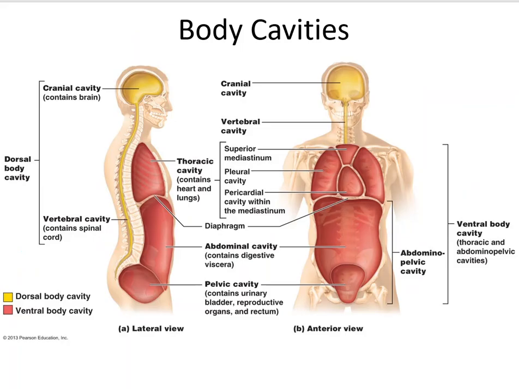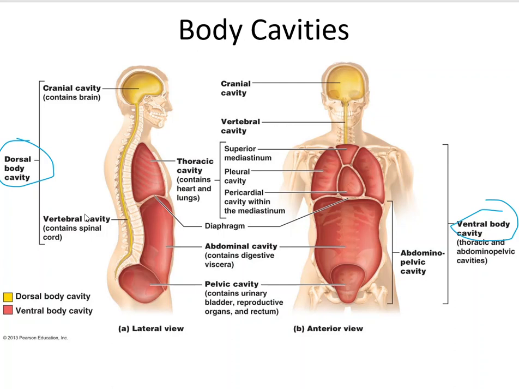Body cavities. Now we get to the body cavities. So on the body cavities, let's talk about these. We got two main ones, the dorsal and the ventral. The dorsal, we know that means back. The dorsal is going to be the cavity that contains the brain and the spinal cord.